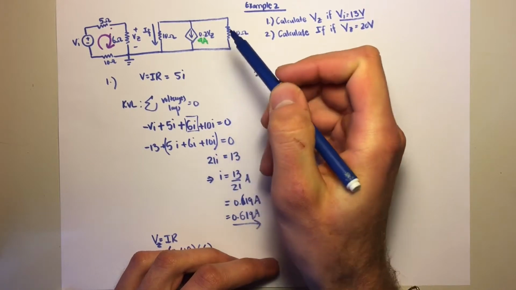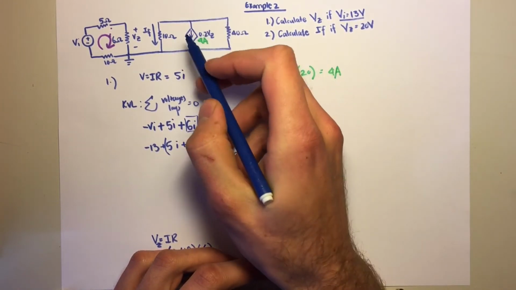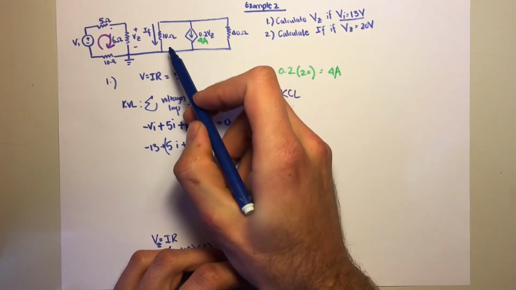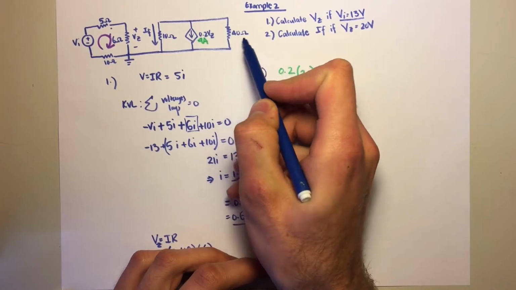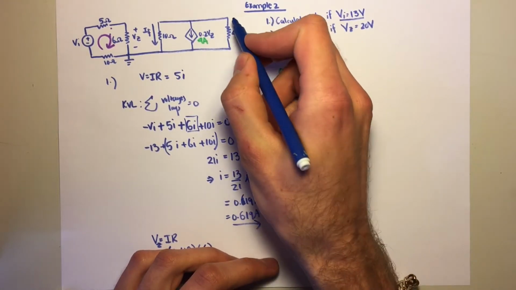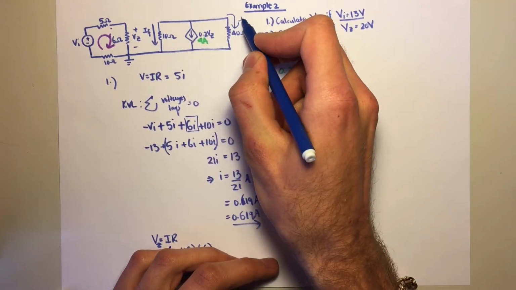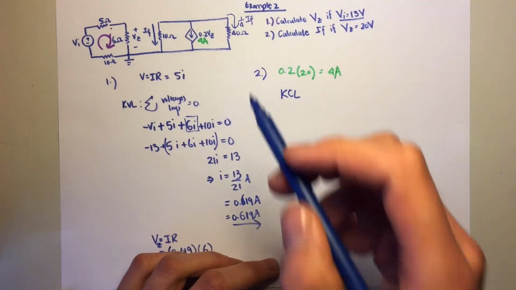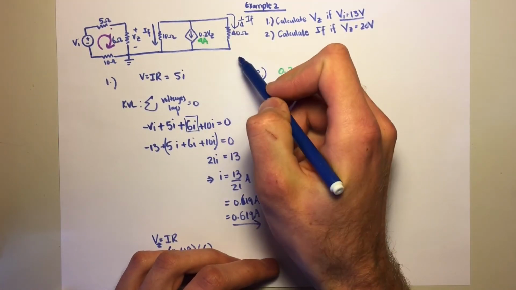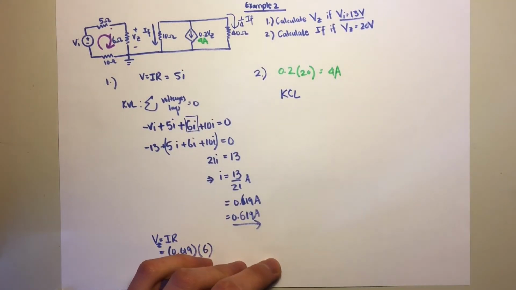So we define the current through here as a quarter of IF.